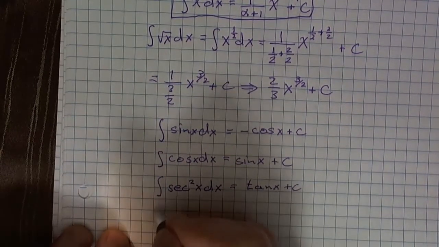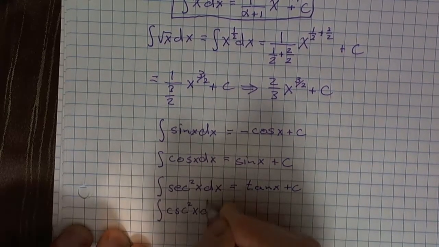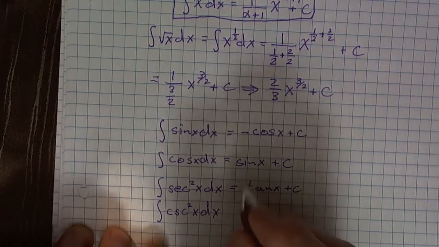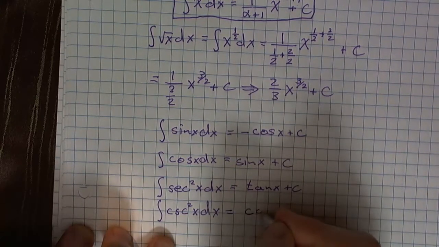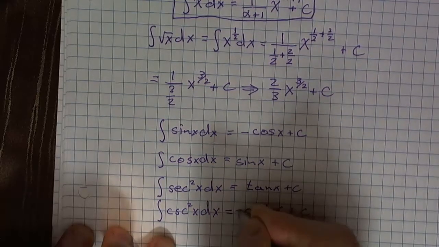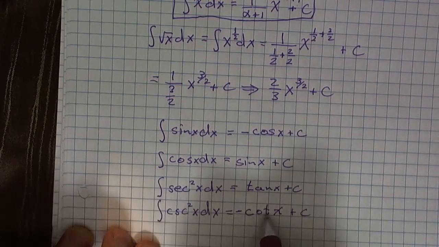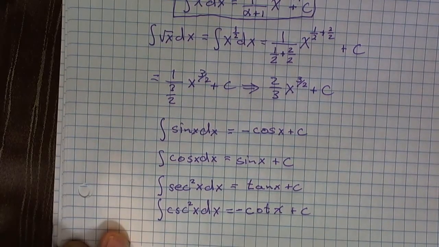What about cosecant squared x? Let's just do sine, cosine, secant squared, and cosecant squared. Well, remember, the derivative of cotangent is negative cosecant squared x. So this would be cotangent x, but we have a negative in front, because the integrand is positive here.